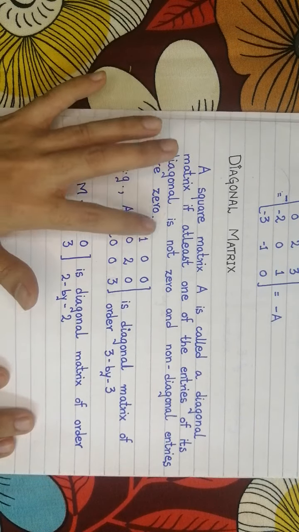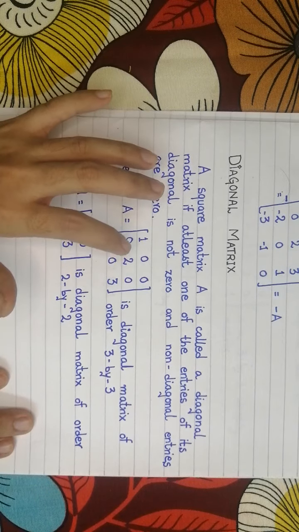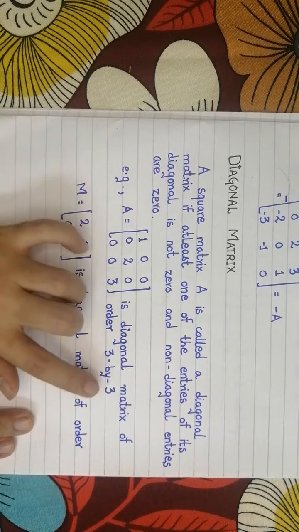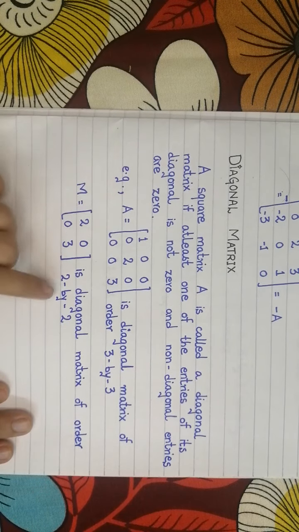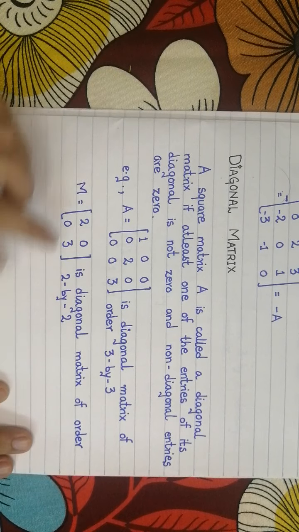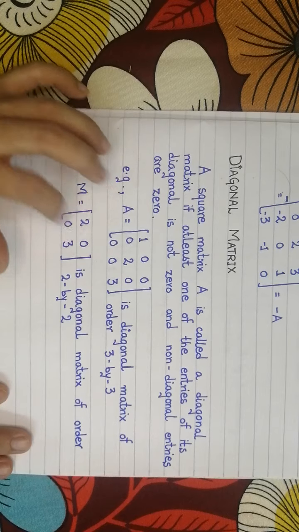They can be different. Diagonal entries can be different but non-zero, and other entries are 0. So its order is 3 by 3, and here its order is 2 by 2. Can you see these diagonal entries are 2 and 3 and other entries are 0.